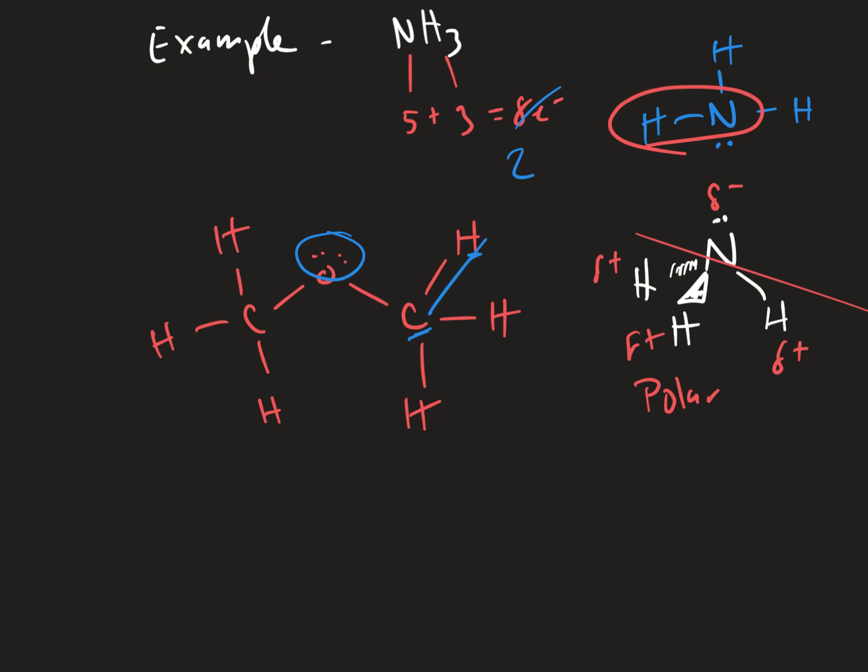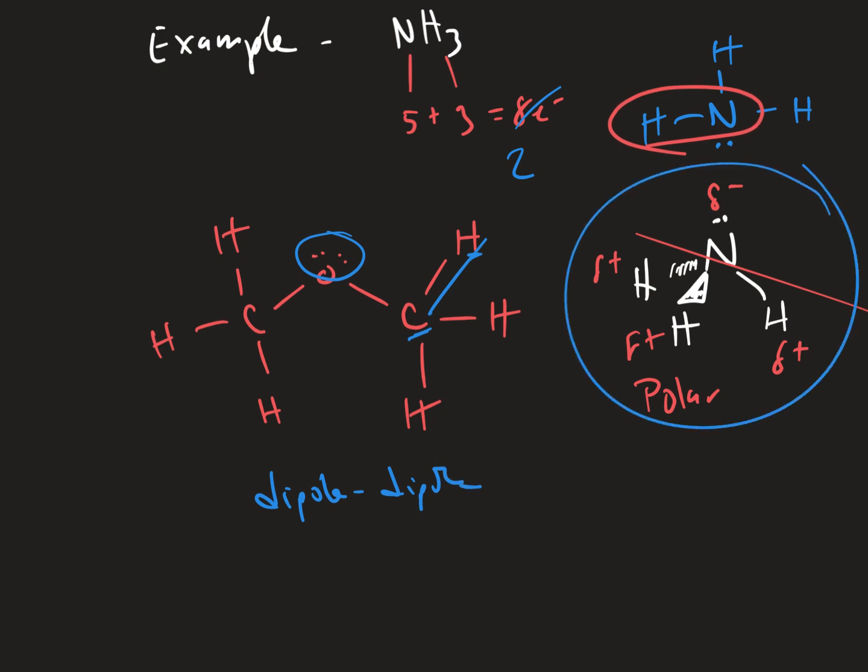Even though there's hydrogen and oxygen in it, it doesn't mean it's hydrogen bonding. Has to be directly bonded to it. You with me? So this is dipole-dipole. And this one right here is hydrogen bonding, right?